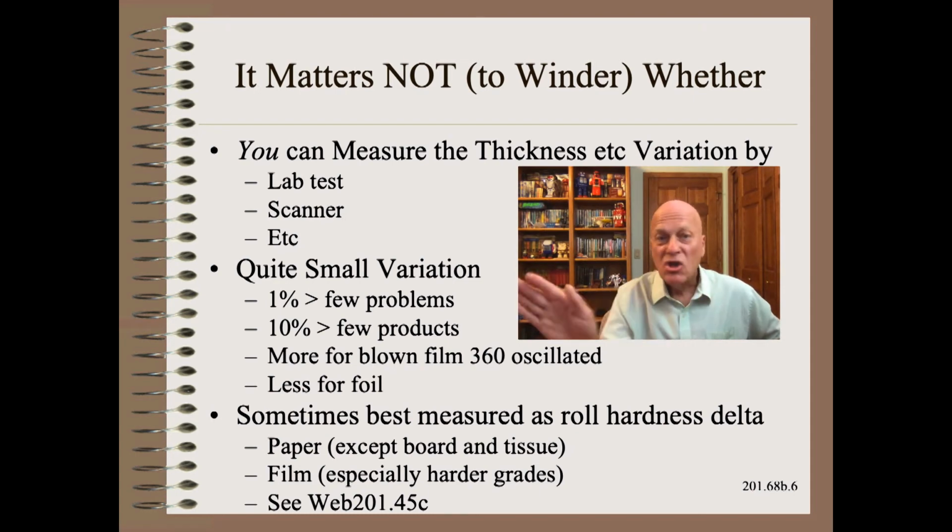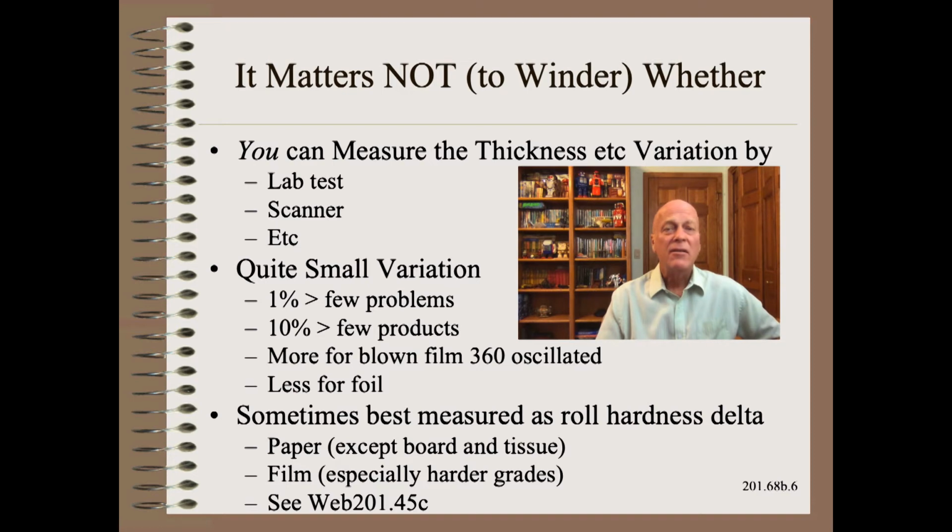It matters not to the winder whether you can measure the thickness profile variation by lab test, $1,000,000 online scanner, or any other instrument. The wound roll will make its own judgment on how good your web is.